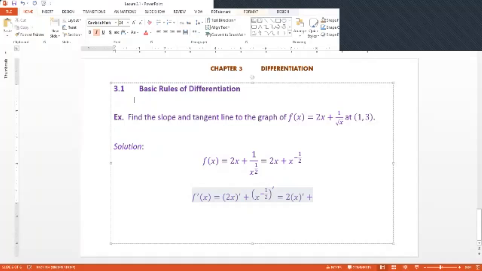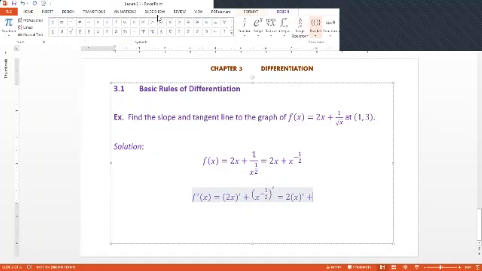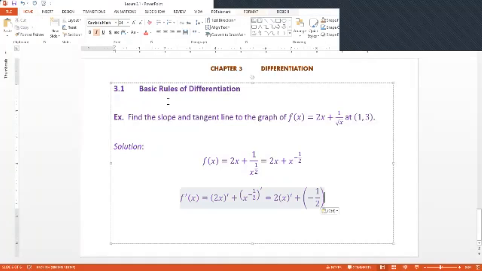So in here, n is negative half. So the derivative of x to the negative half is just n, which is negative half, times x to the n minus 1. So x to the n minus 1 will be what?